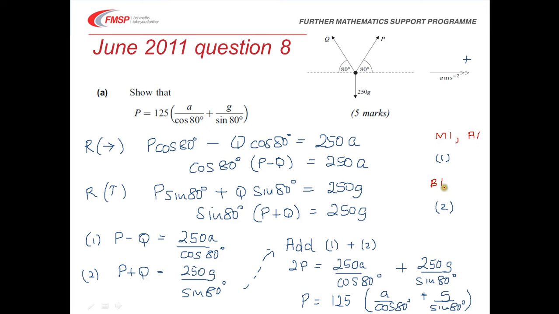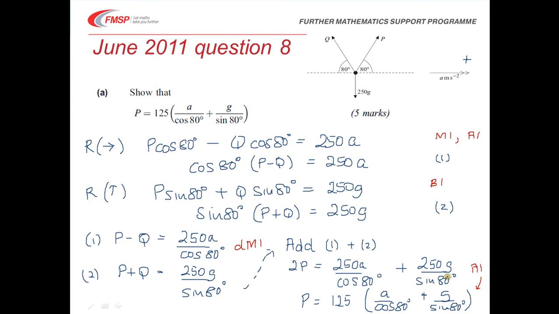You then got a mark for simplifying these equations. That method mark was dependent on you getting the method mark up here. So you got a method mark down here and then an accuracy mark for putting it in the correct form.